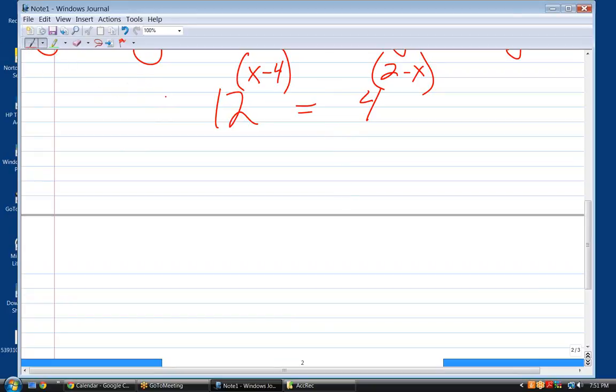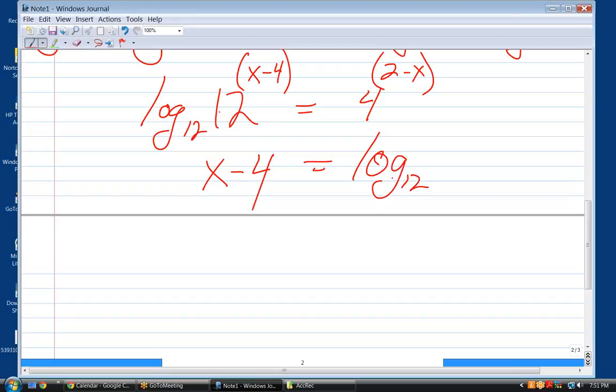Because if I take the log base 12 of 12 to the x minus 4, the left side immediately becomes that. But then I've got the problem of how to do this. Because if I'm going to take log base 12 of the left, I've got to take log base 12 of the right. Then I have this.